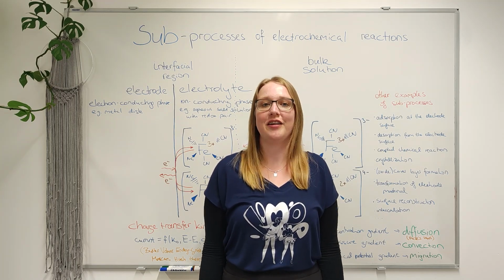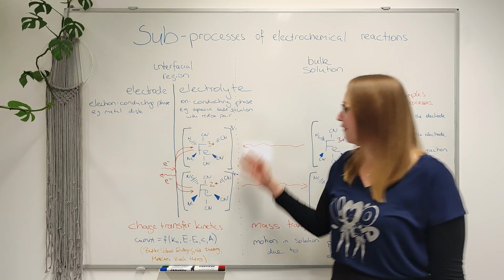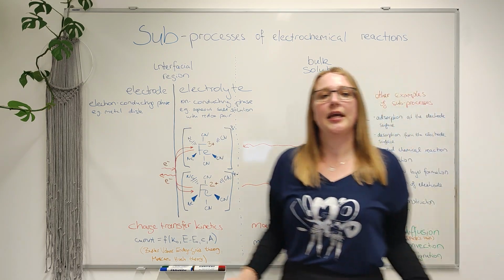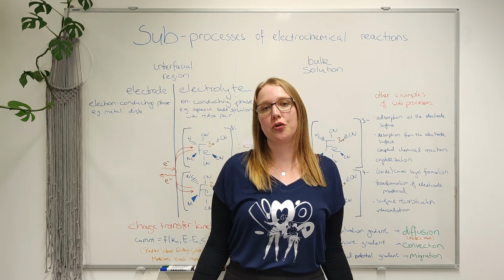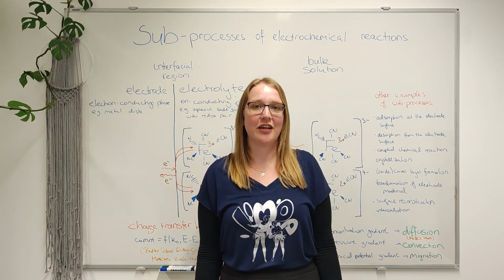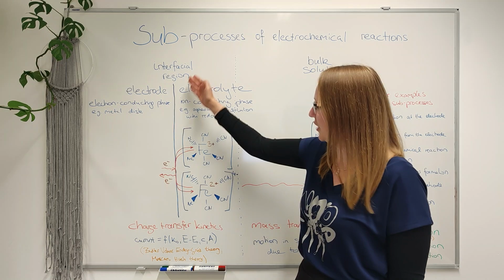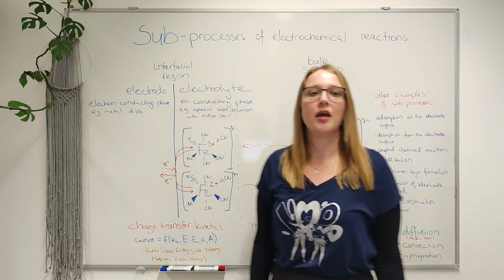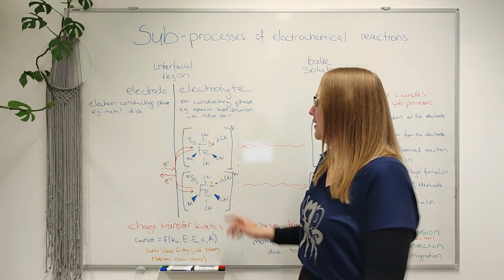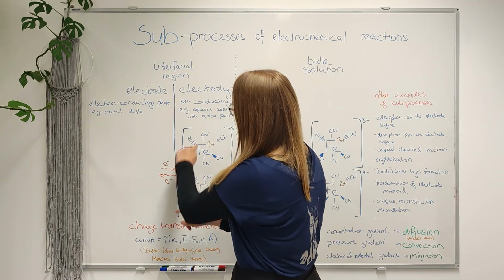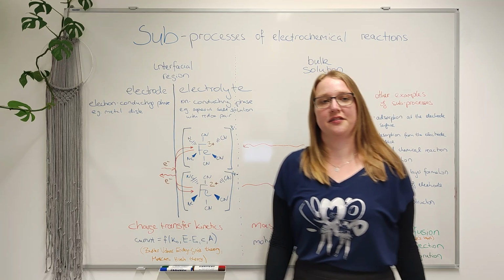I have chosen the Faraday reaction of a ferrocyanide redox couple in an aqueous supported electrolyte solution as an example. A crucial step in this electrochemical reaction takes place at the electrode-electrolyte interface. This means there is an electron transfer across the interface of an electron conducting phase to an ion conducting phase.